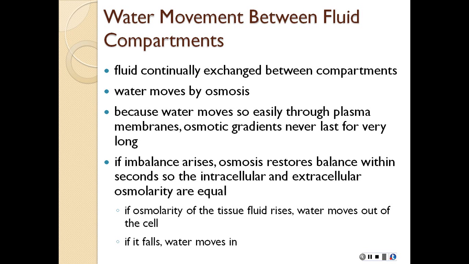So if you increase the osmolarity of tissue fluid, what we said is that means there's more sodium or more dissolved substances in the tissue. So does water go to the tissue or away from the tissue? To the tissue. So remember, water goes toward where there's high salt concentration. So water moves out of the cell. Okay? So remember the compartments again.